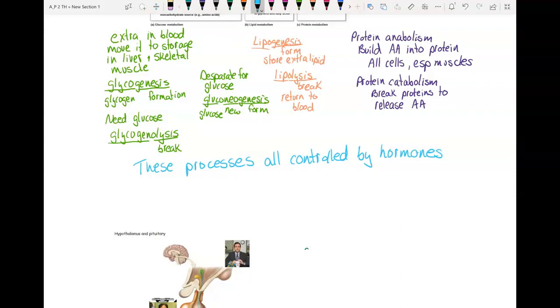So later in the chapter, once we start getting into specific hormones, you'll see that we list as a function of the hormone, perhaps glycogenolysis or lipolysis or lipogenesis. So many hormones all contribute to controlling these processes of moving nutrients back and forth between your blood and your tissues.